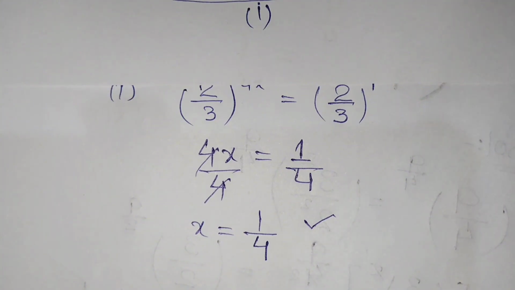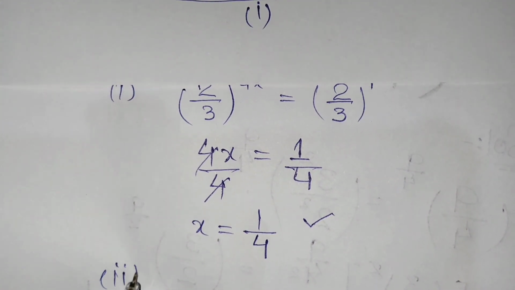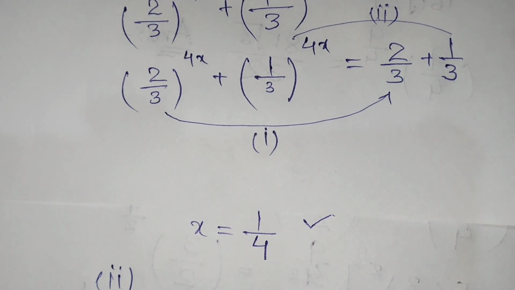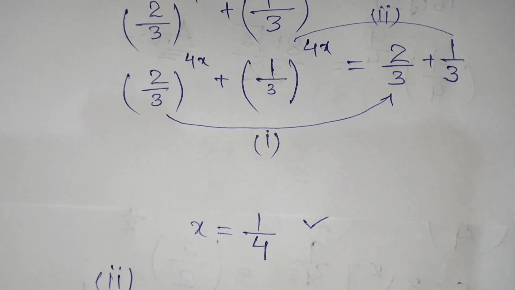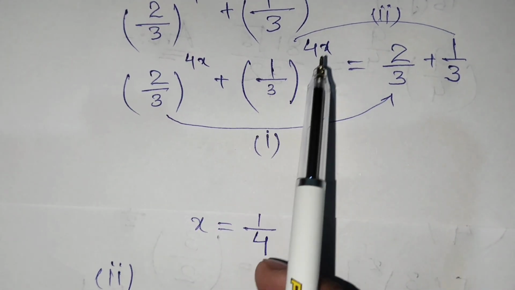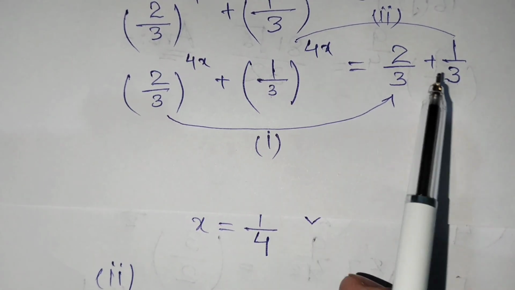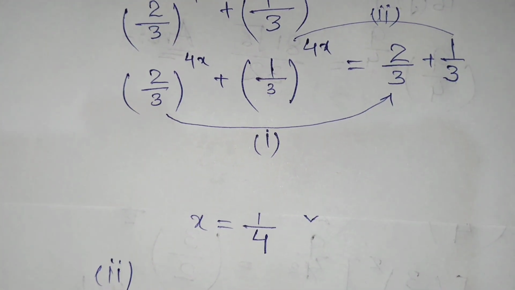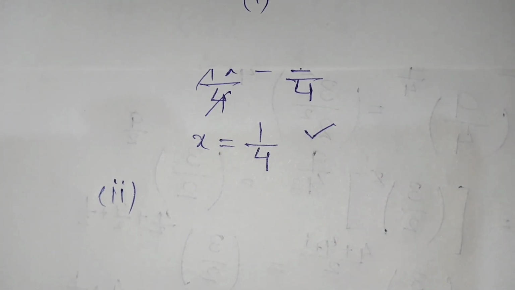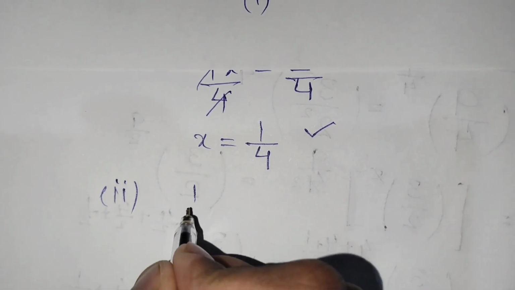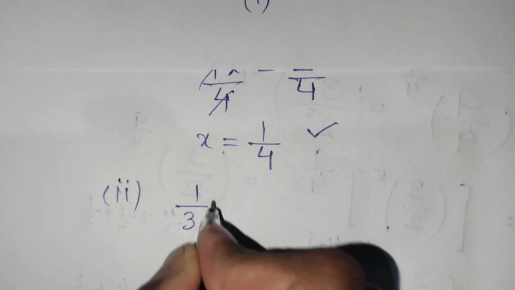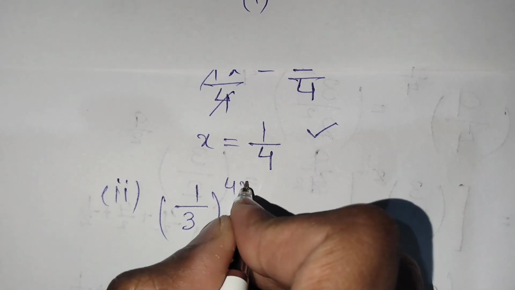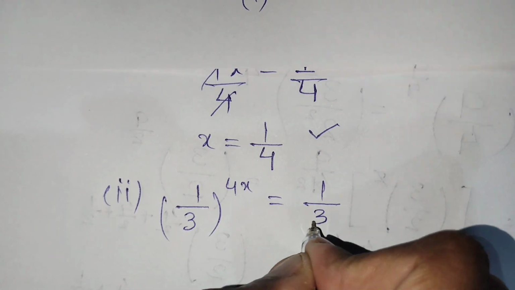Now second case, we have 1 by 3 raised to the power 4x equals 1 by 3.